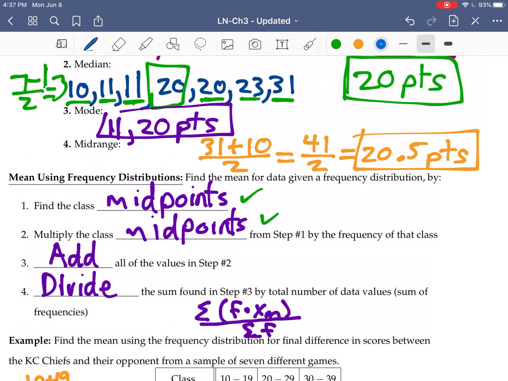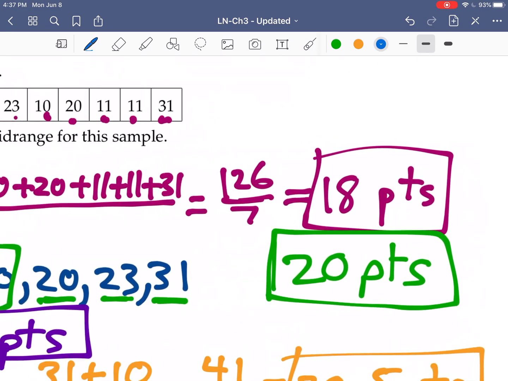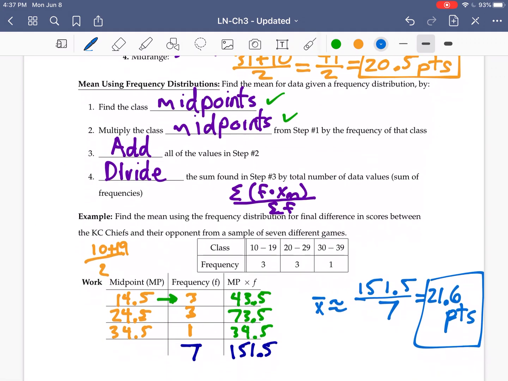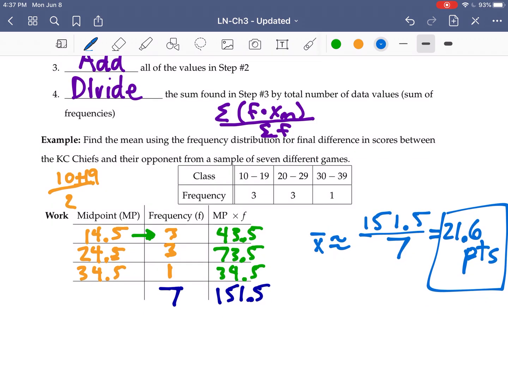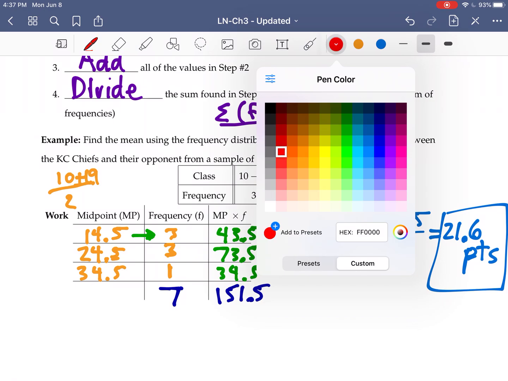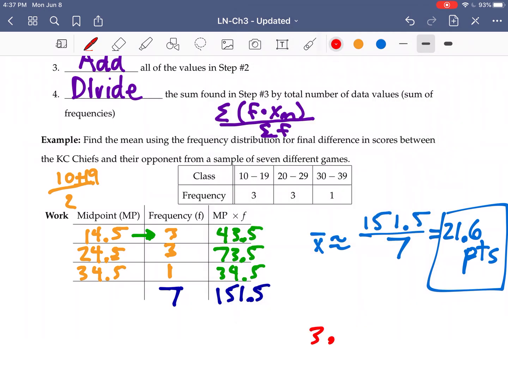In our last video, we found the mean was actually 18 points. And so we're off by 3.6 points. Our difference there of 3.6 out of 18 is like 0.2.